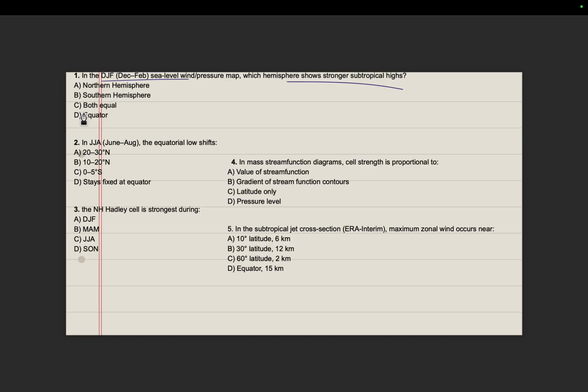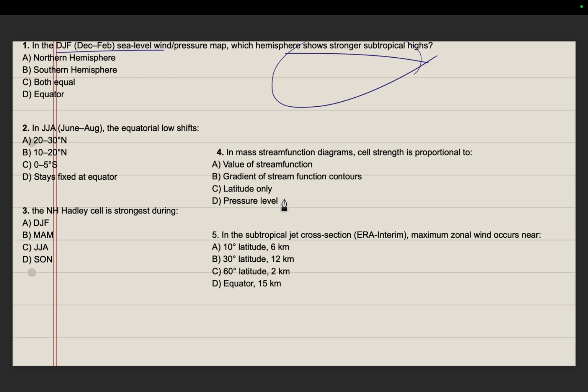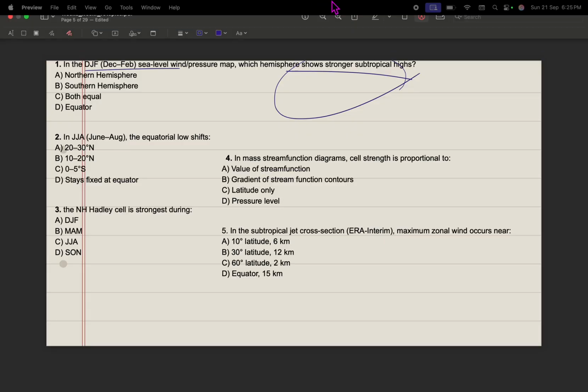Stronger subtropical highs are seen in the summer hemisphere, because it is linked with the solar insolation.